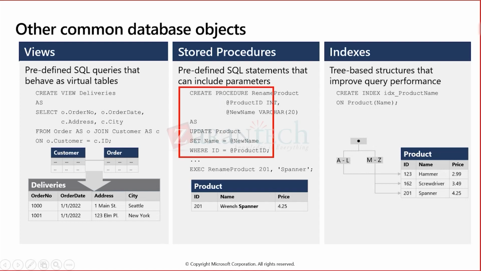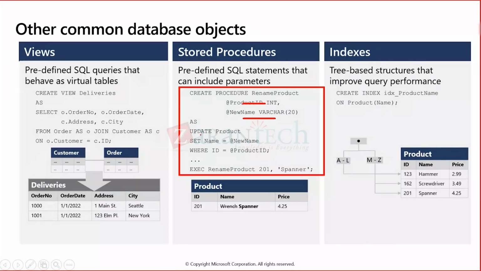See here, you are renaming the product. This is a product ID, your new name, right? Then you update the product and set these two new values, and you execute this stored procedure. So your older name is range, now it becomes panel. This is the new value updated for ID 201.